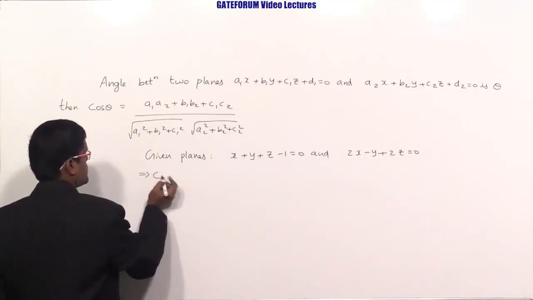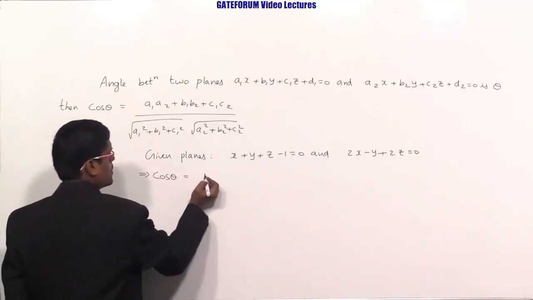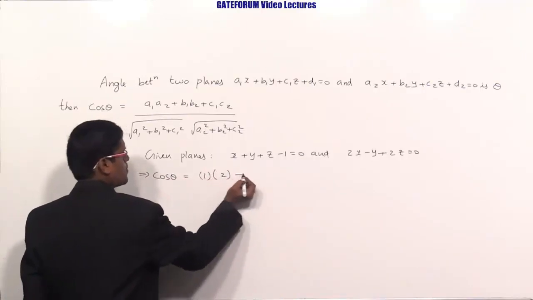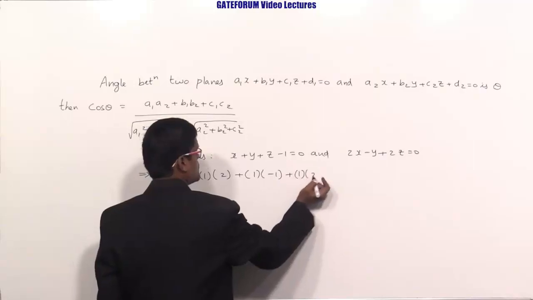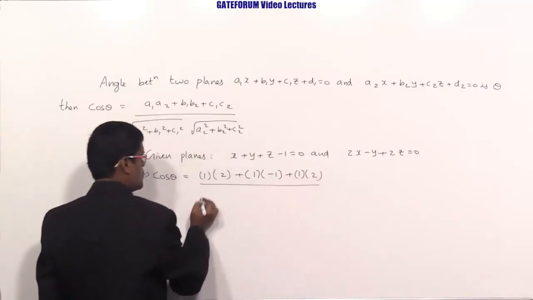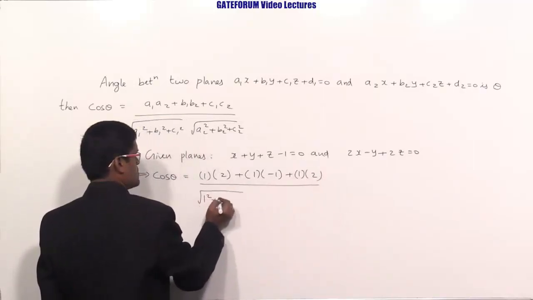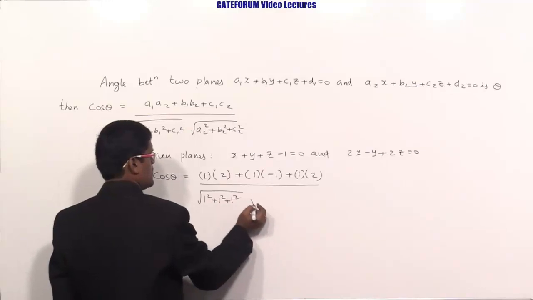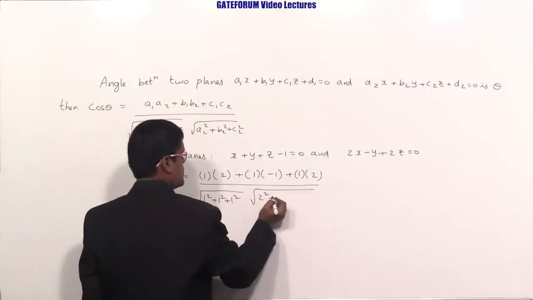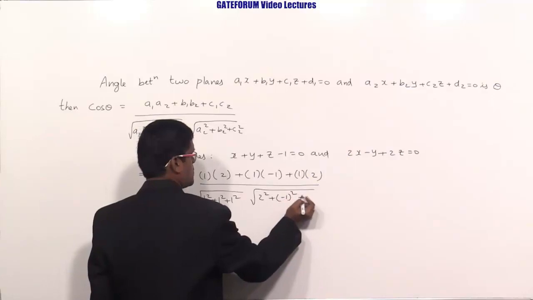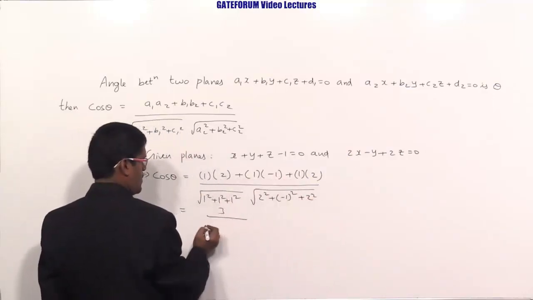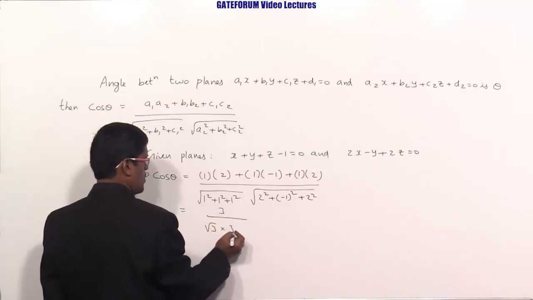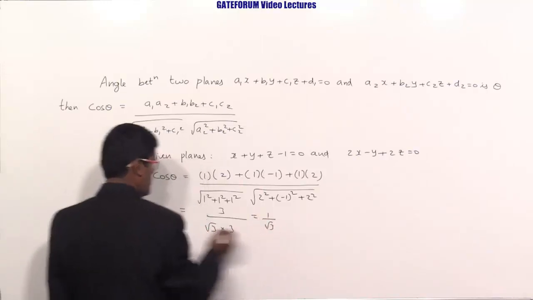So this implies cos theta is equal to 1 into 2 plus 1 into minus 1 plus 1 into 2 divided by root over 1 square plus 1 square plus 1 square into root over 2 square plus minus 1 whole square plus 2 square. So this is 3 by root 3 into 3, which simplifies to 1 by root 3.